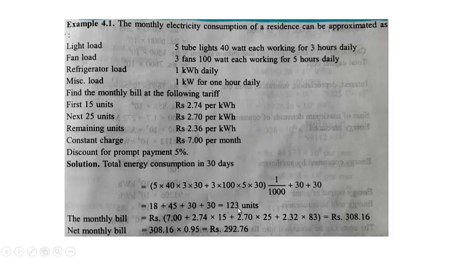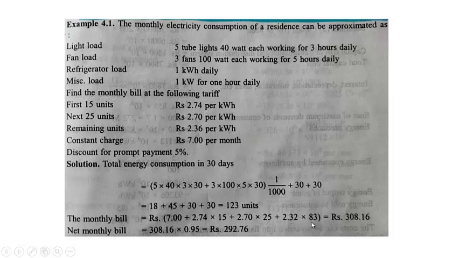So the total charge will be the fixed charge, that is 7. Then the first 15 will be charged at 2.74 per kilowatt hour, that means 15 into 2.74, and the next 25 will be charged at 2.70, that's 2.70 into 25, and the remaining 83 will be charged at 2.32.